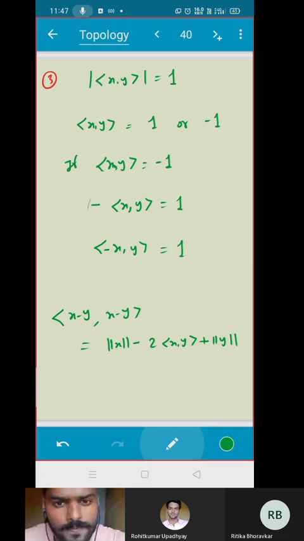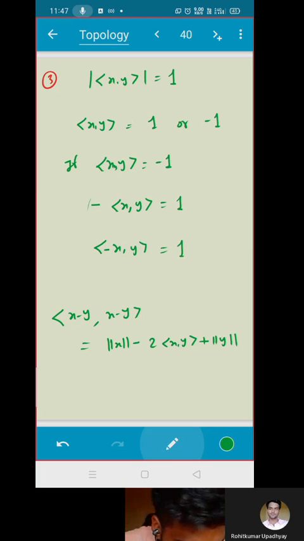Then next, inner product of xy is 1. Oh, sorry. Yes, then inner product of xy is 1.